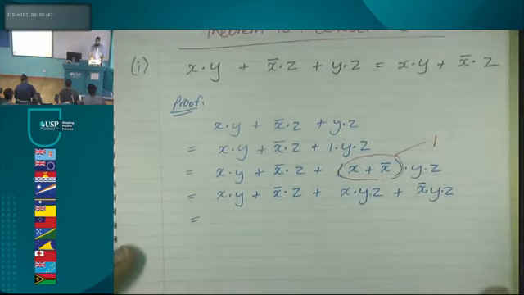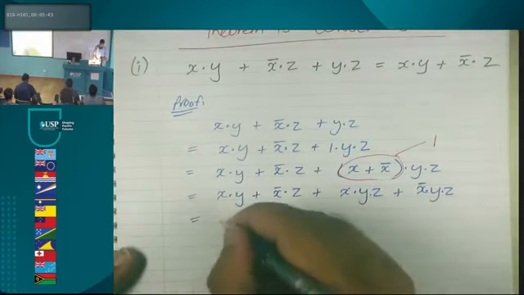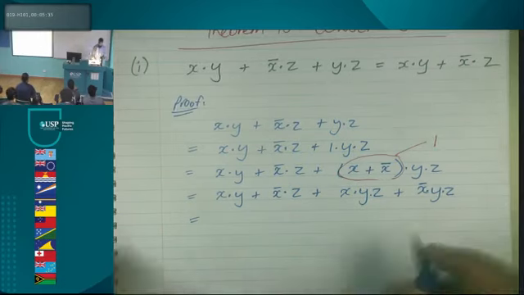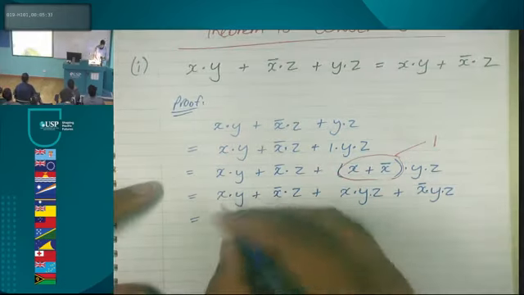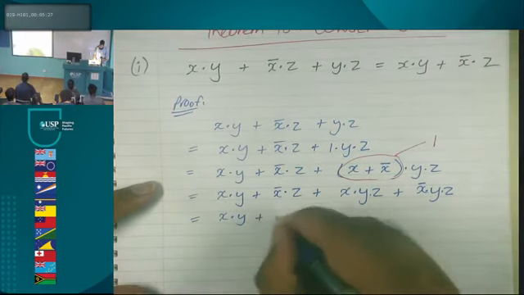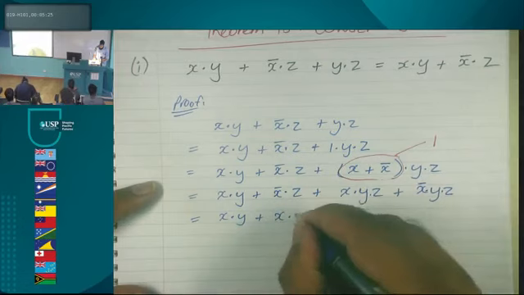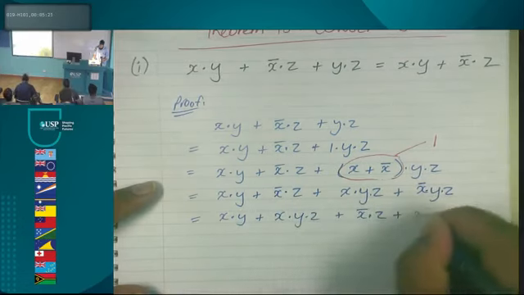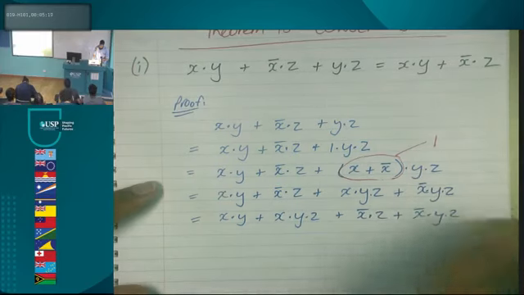All right, now let's now rearrange. Rearranging is what? We say rearranging in mathematics, but in Boolean algebra, rearranging is what? Associative property. All right, so we have x and y or x and y and z or x bar and z or x bar and y and z.